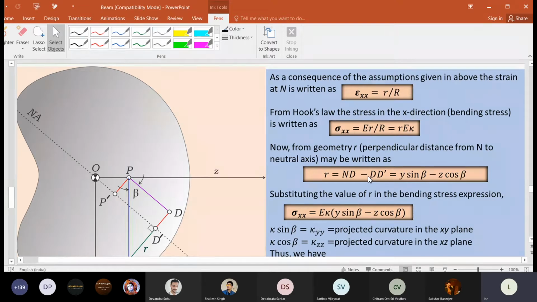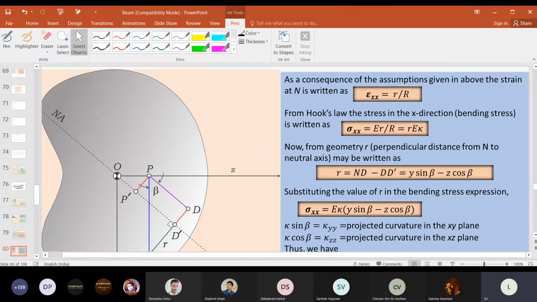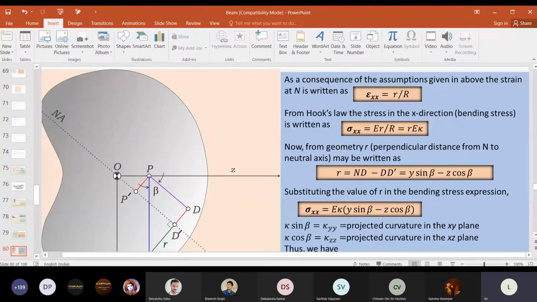Let us assume the neutral axis passes through the centroidal axis. If it doesn't, then we will get some value and these things will not be valid, or you can do another thing. We will do one more thing: we will insert a new slide.